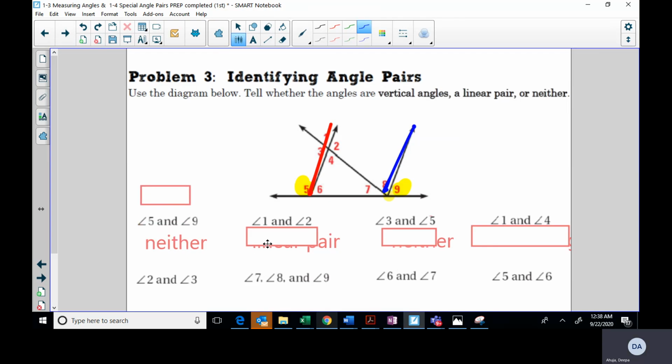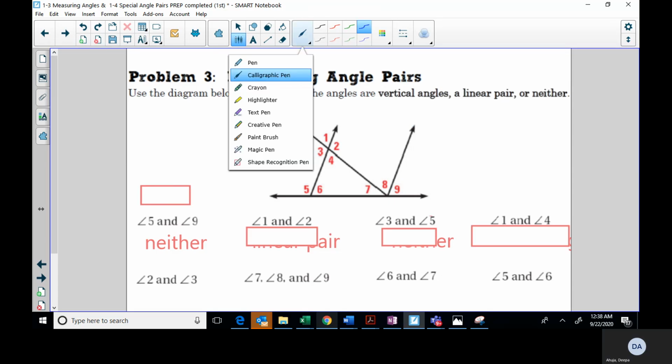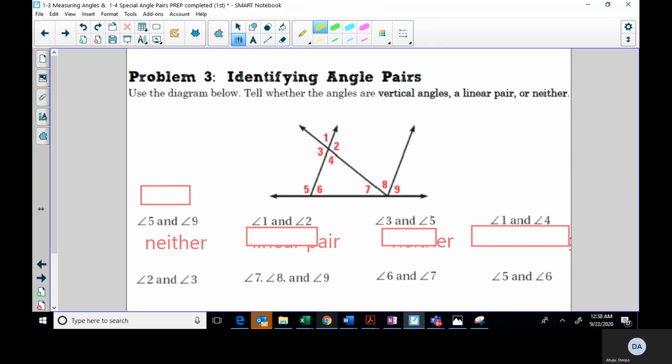What about angle 1 and 2? Let's look at angle 1 and 2. Let me erase this. Let's use the highlighter. Here we have angle 1, and here we have angle 2. Is there any side where we have both the colors, the yellow and the green?